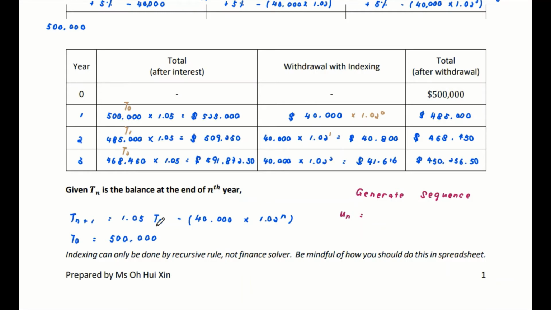The same thing over here. If this becomes n minus 1, remember that your index should be n minus 1 as well. So 1.05 Un minus 1 minus 40,000 multiply 1.02 power n minus 1 also. I think it makes sense. So here is n plus 1, so this is n. If you are using Un, it should be n minus 1 and n minus 1.